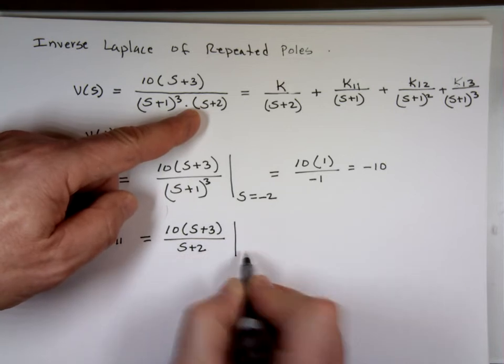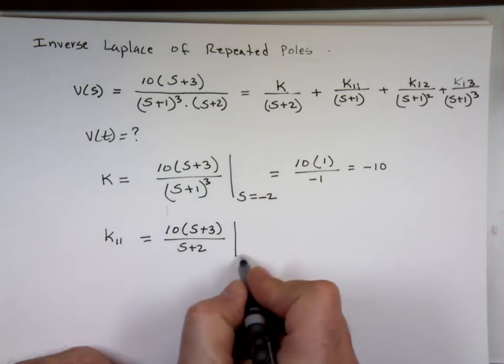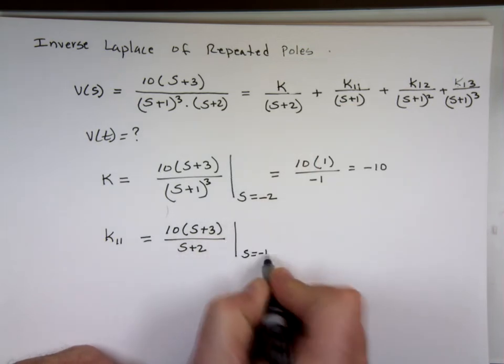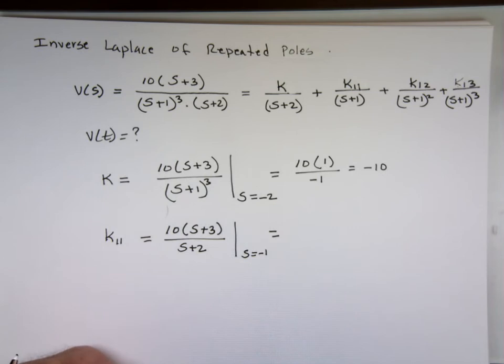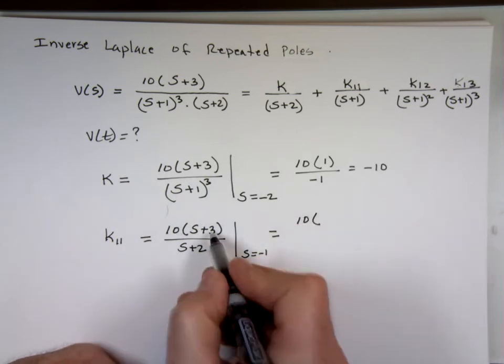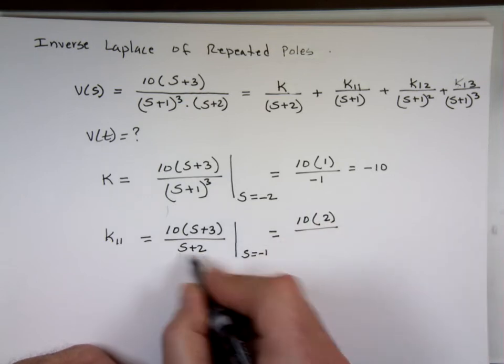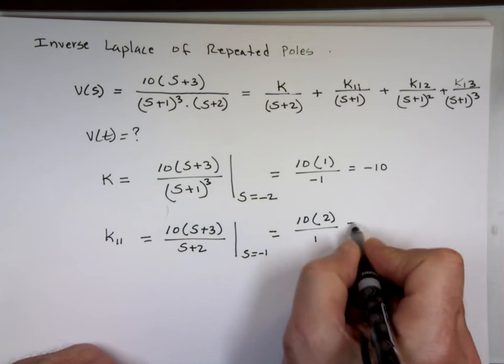And what makes this value 0? Negative 1. So 10 times, what's negative 1 plus 3? 2. What's negative 1 plus 1? 1. That's 20.